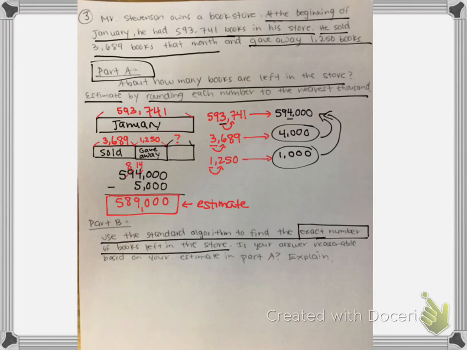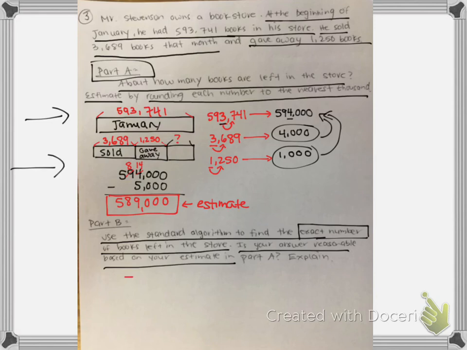Then they want us to look at our exact number and the estimates and compare them and see, hey, is it reasonable? And explain. So we need to find the exact amount in part B. So let's do that. We are going to subtract here. So I'm going to take my information from part A and use that information here.